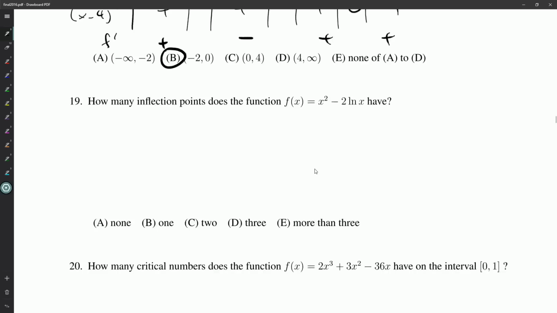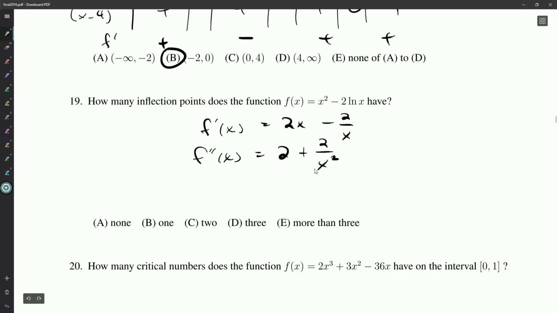All right. 19. How many inflection points does the function x squared minus 2 ln x have? Well, inflection points, we need derivatives. Specifically, the second derivative. Okay, there we go. So we get 2 plus 2 over x squared.